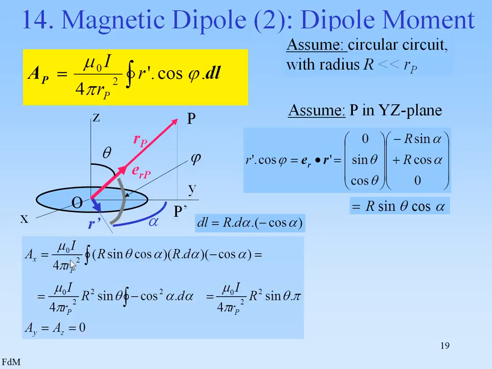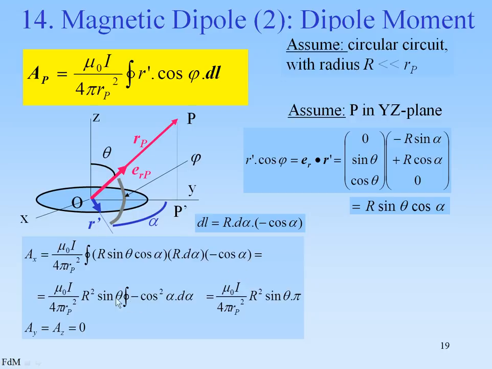And so AX can be written as mu naught I over 4 pi rp squared times the integral over r prime cosine phi, which is r prime cosine theta, times R dA, and R dA is the line element dl, times minus cosine alpha.